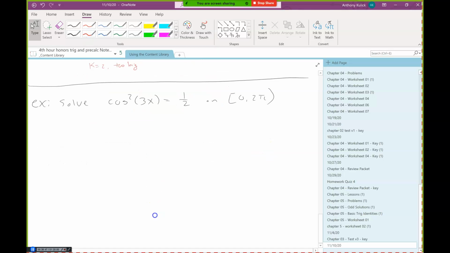All right, so let's say we have cosine squared 3x equals 1/2. We're going to have so many answers to this one. So first thing we would do is square root both sides, right?